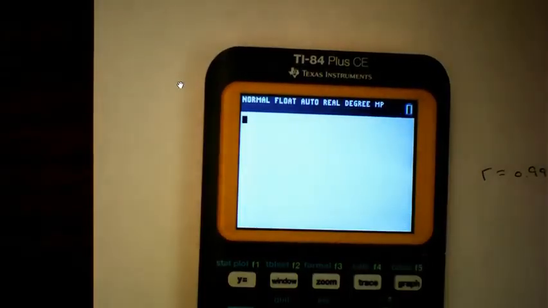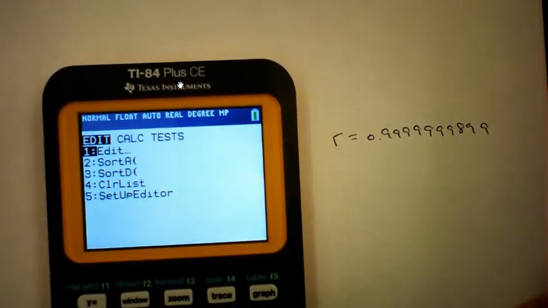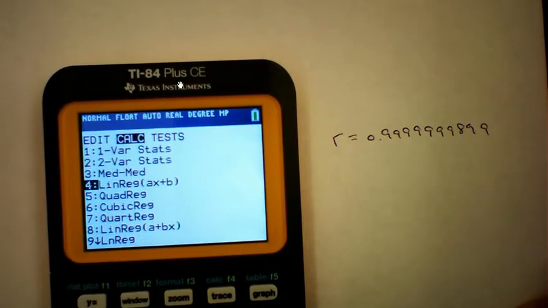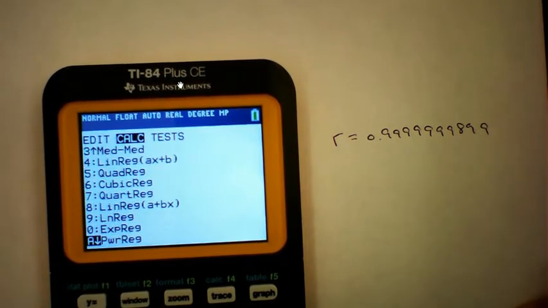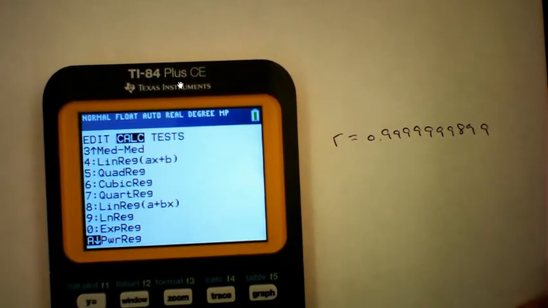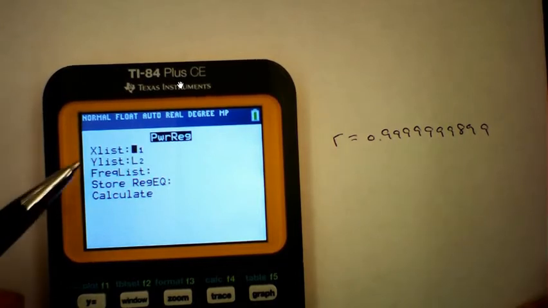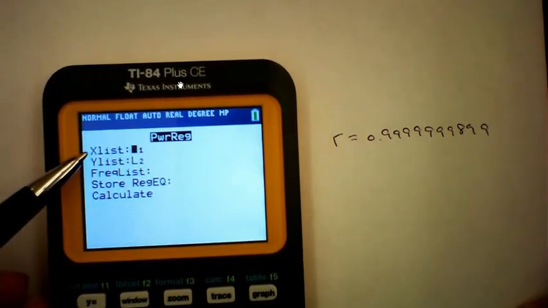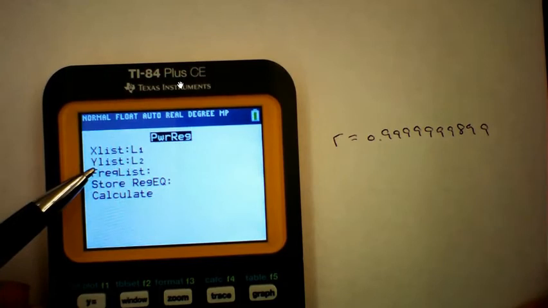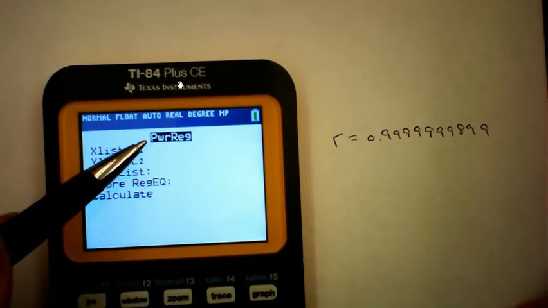Okay, so here's my calculator. Just to remind you what my R value was before. So if I go stat, calc, and go past the natural log regression and the exponential regression, you'll see power regression. So I will press that, and I'm going to do this time with the L1 and the L2 list, because if you're doing a power regression, the calculator is going to do the logarithmic transformations for you.